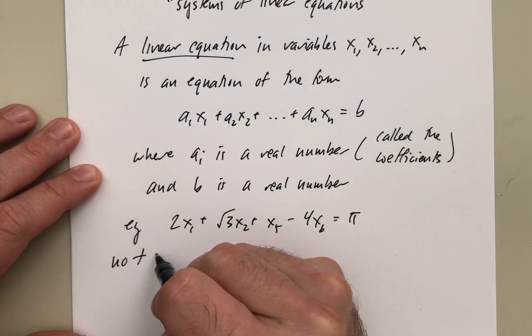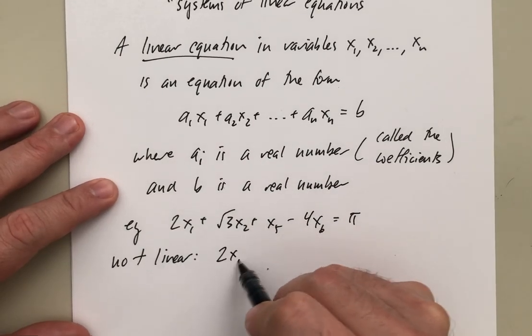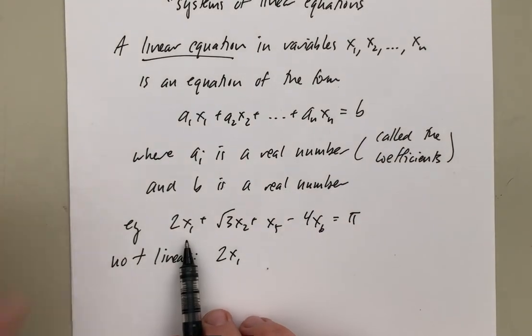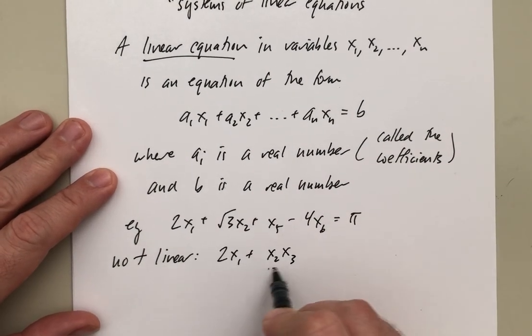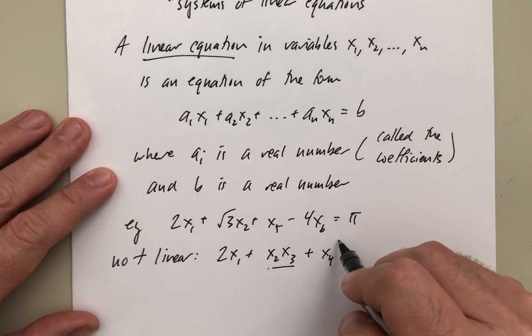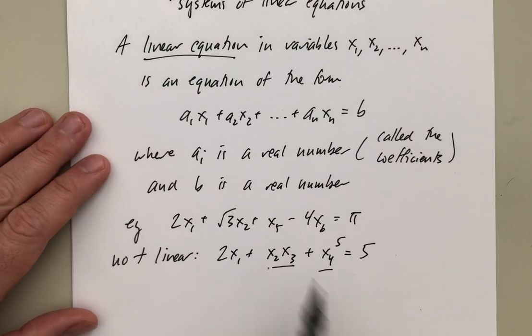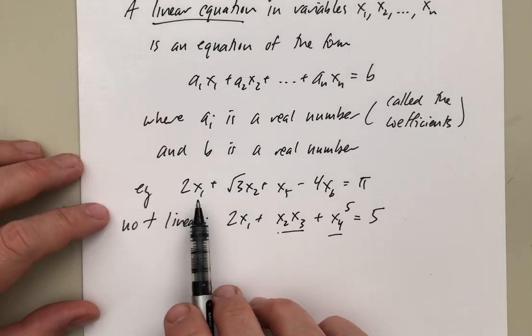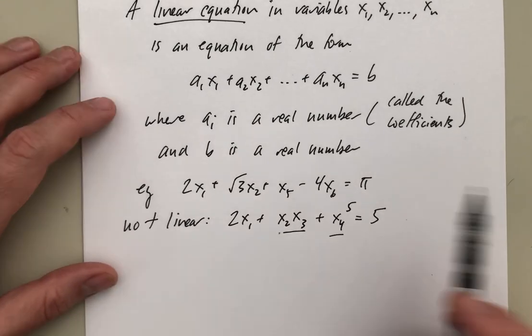What's not linear is if you start having powers of these variables or the variables multiply together. So for instance, something like that is not allowed because I have x2 times x3, or a power of one of the variables. This is not linear. Linear equations only have the variables raised to the first degree with possibly a number in front of them.